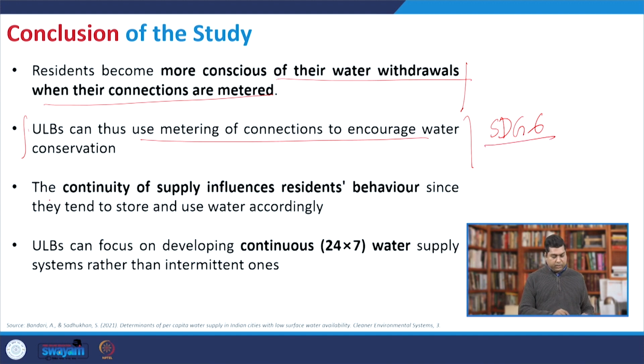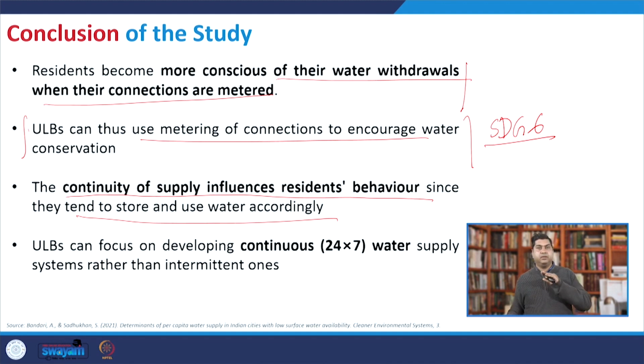Now you can see the other conclusion of the study: the continuity of supply influences the residents' behavior, since they tend to store and use water accordingly. This is a concept you can try to understand now: if you have continuity and you know that whenever you open the tap you will get water, you don't need to store the water, right?